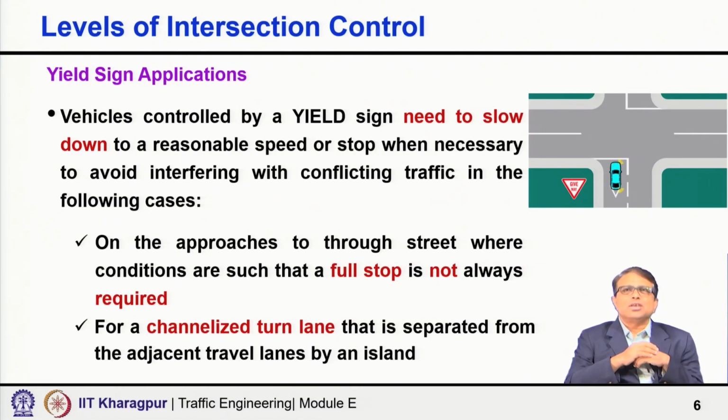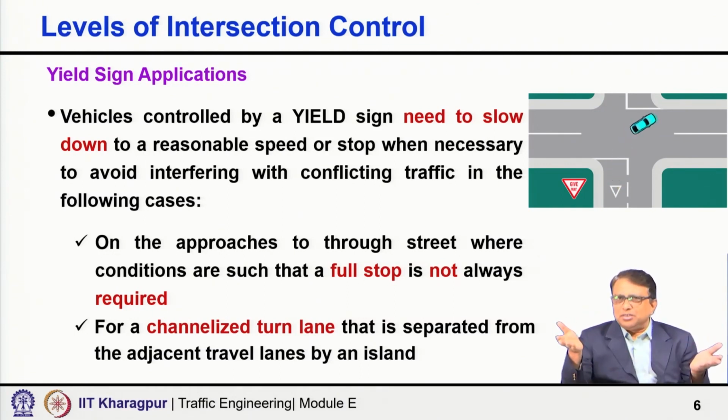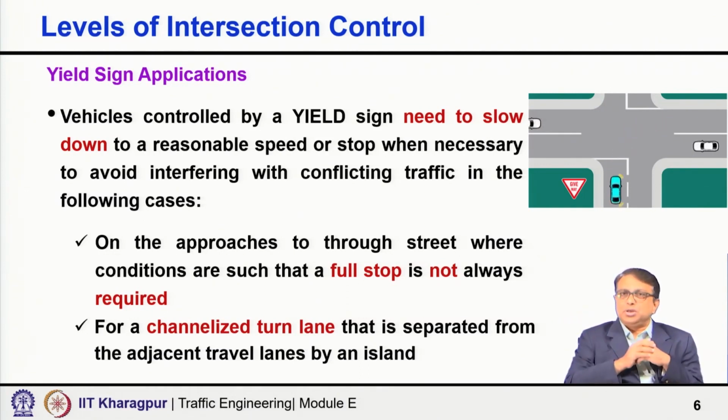So, if there is a sufficient gap, then I can simply slow down, ensure that the gap is sufficient, and then do the maneuver without stopping. But if the gap is not sufficient, then I have to stop and wait for a suitable gap and then do the maneuver.